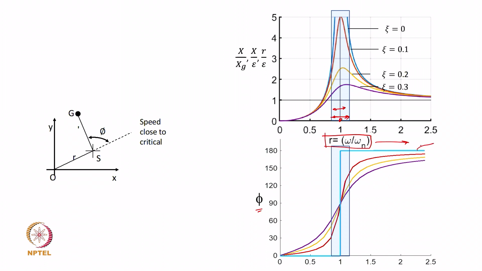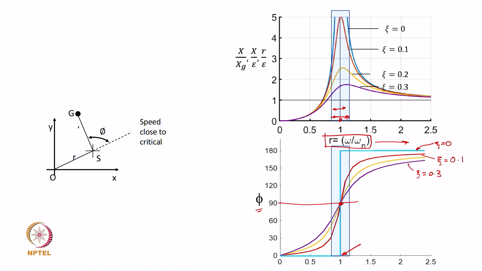This is corresponding to damping equal to 0, and this is for some higher level damping. Maybe this is 0, maybe 1, this is 0.5, 4 or 3, and so on. As we know, it passes through 90 degrees irrespective of the damping value at the speed of rotation equal to the undamped natural frequency.